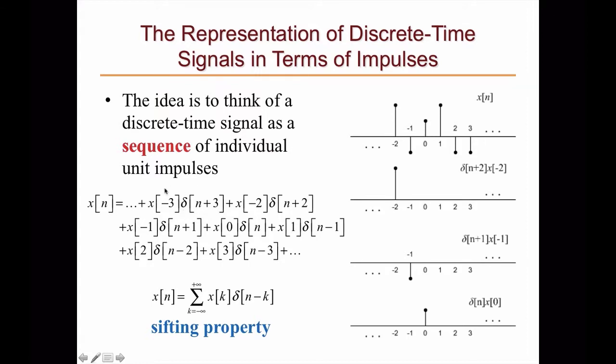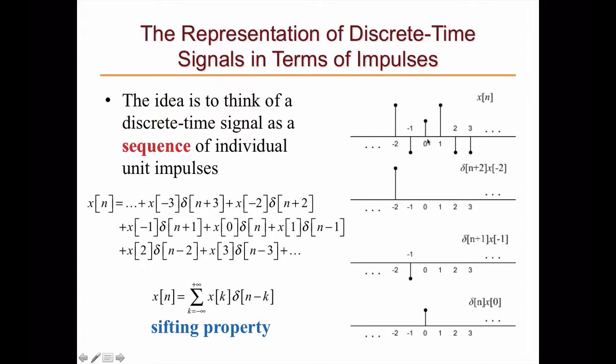So this stem here can be mathematically described as delta[n+2], meaning it has value 1 at n = -2, multiplied by x[-2], the value of x at minus 2. And this is delta[n+1], having value only at -1, multiplied by x[-1].